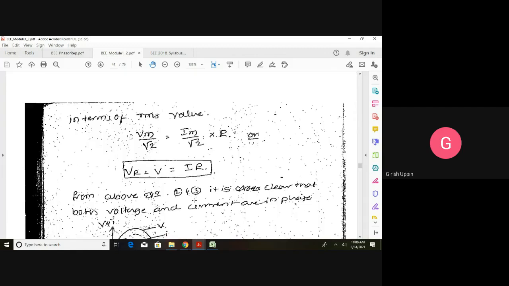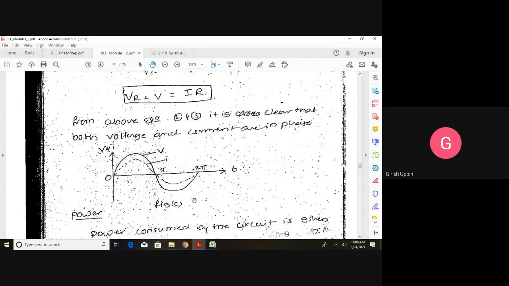And if you draw the waveform, what is the current we got? What is the voltage we applied? V is equal to Vm sin omega t, and resulting current is what? I is equal to Im sin omega t, and Im is equal to Vm divided by R. And if we draw the waveform, this is V is equal to Vm sin omega t, and the minute you apply the voltage to the resistance, immediately the current starts.